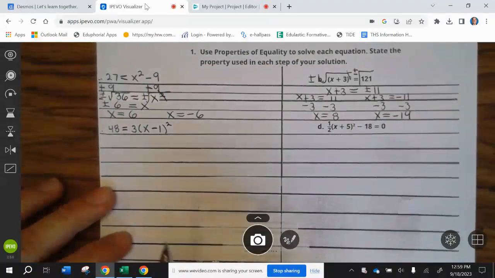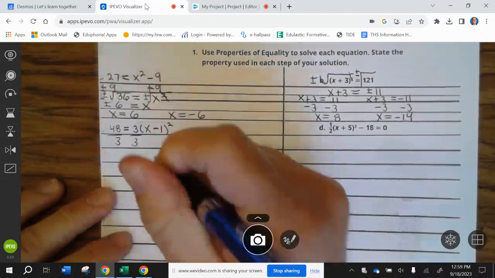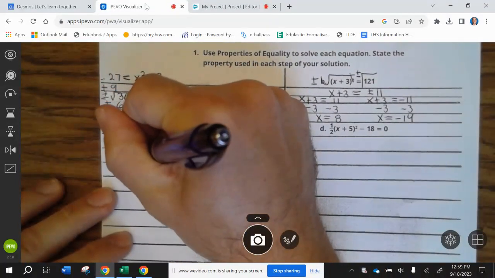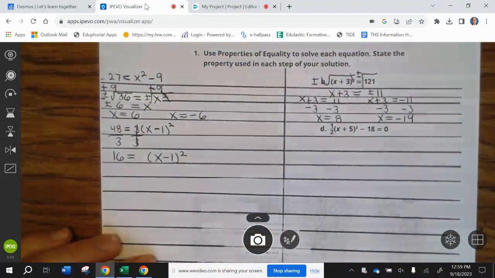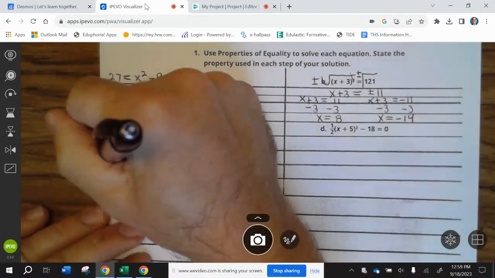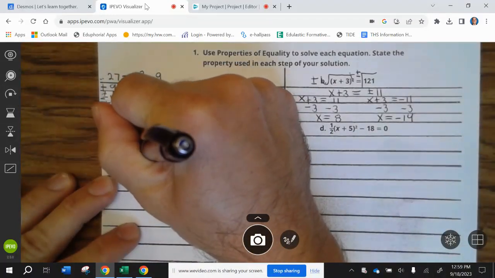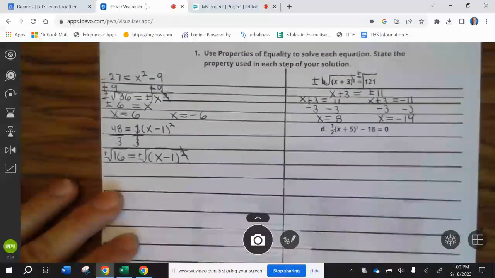So here we need to isolate the squared first. So we're going to divide both sides by 3. 48 divided by 3 is 16 equals 1 times x minus 1 squared. We're going to take the square root of both sides. Now remember, square root is plus or minus. Now the square root cancels the squared.